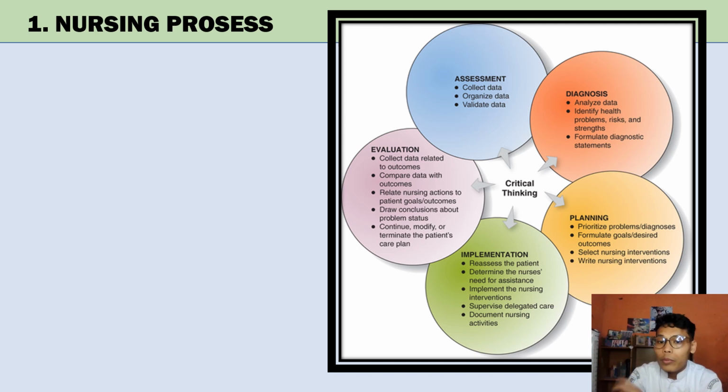So we have to compare data with outcome, relate nursing action to patient goals and outcome, draft a conclusion about problem status, and continue, modify, or terminate the patient care plan. That's all the way you can do for your patient health care.